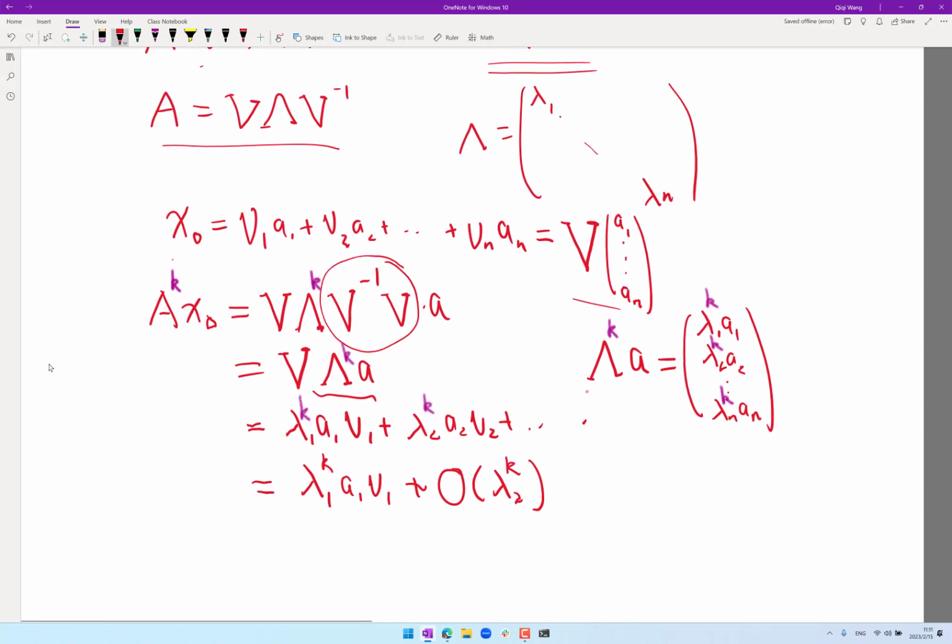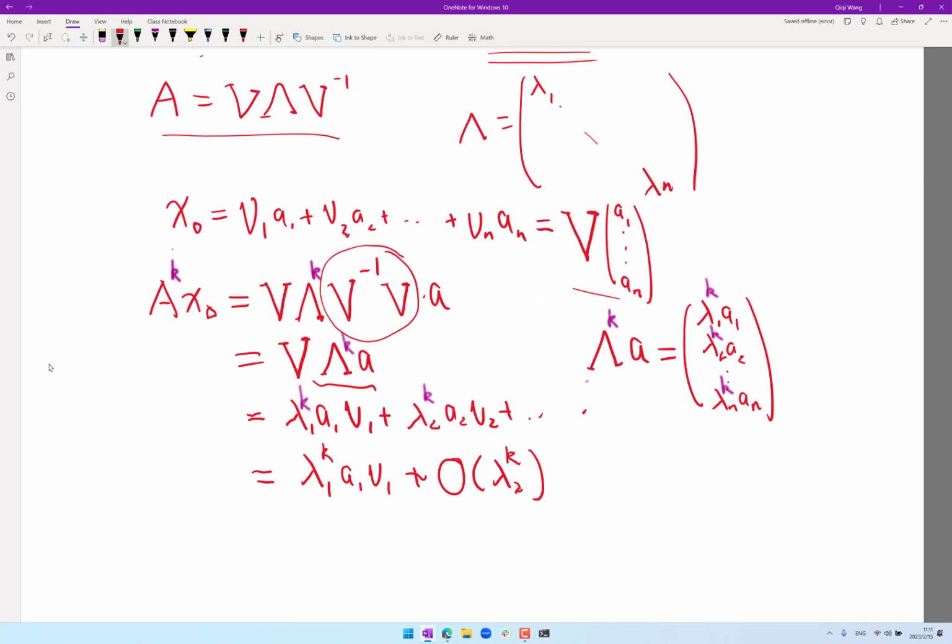That means when we are looking at the magnitude of A to the kth power times x0, if we look at the L2 norm of that, and we take the L2 norm to the power of 1 over k, that is actually our estimate or approximation of how big lambda 1 is.